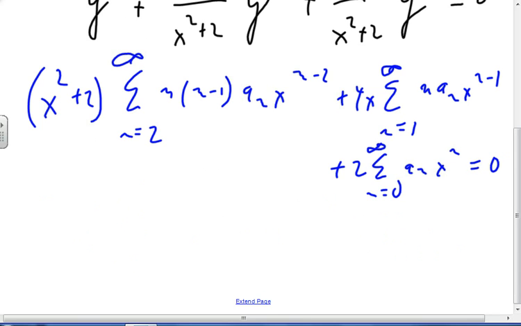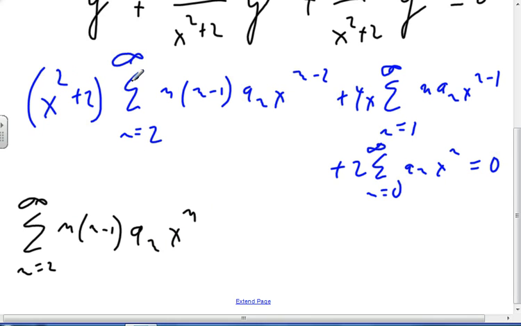So then I would go in and break this up into parts: summation n equals 2 to infinity, n times n minus 1, a n x to the n. The plus 2 and the minus 2 go away.